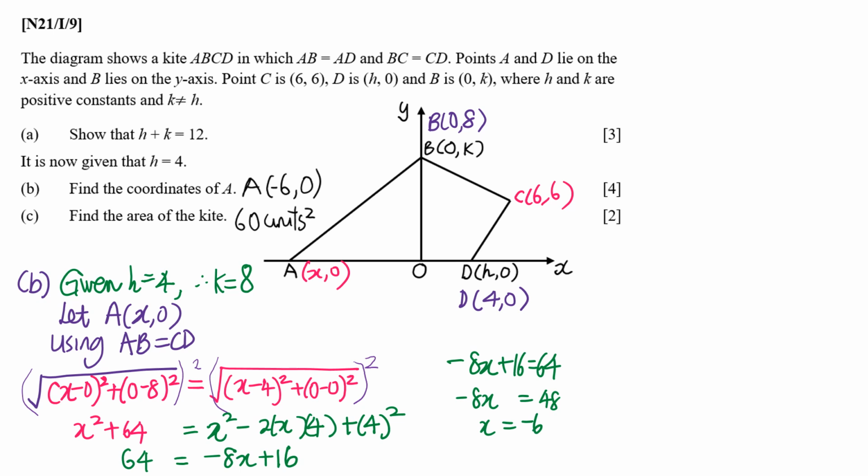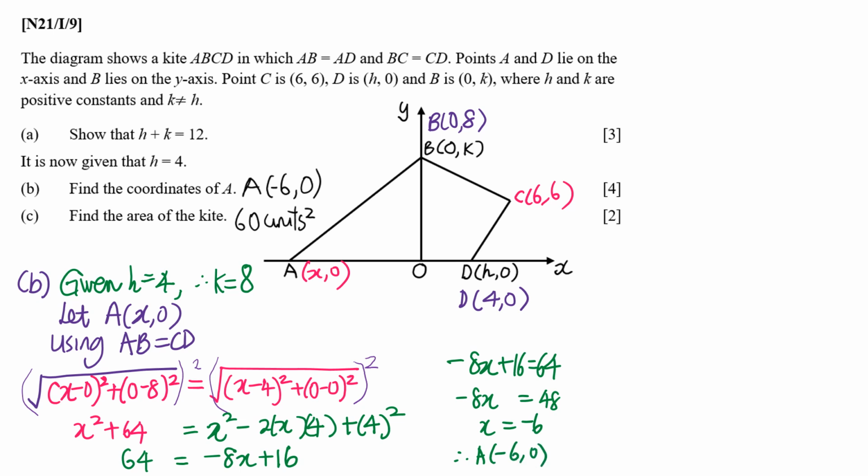And your answer makes sense, because if you look at the diagram, point A lies on the left side of the axis. So the x coordinate of point A should be a negative value. So therefore, point A is negative 6, 0.